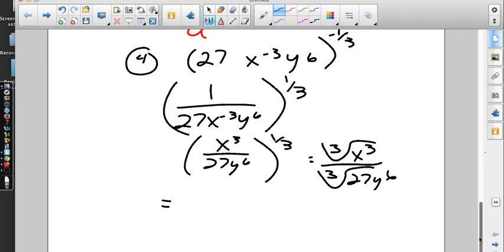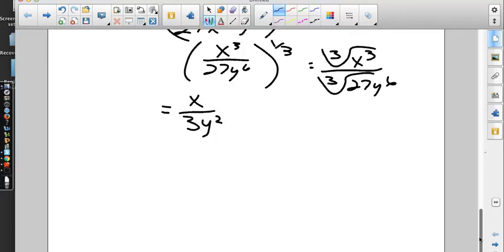Cube root of x to the 3rd is x. Cube root of 27 is 3. So x over 3y squared. Everybody solid with that one? Yep, that's the answer.